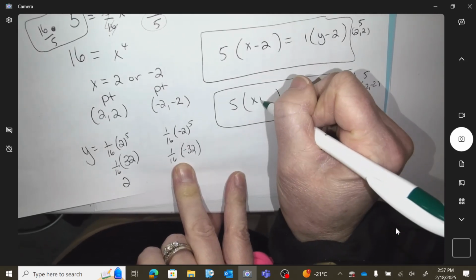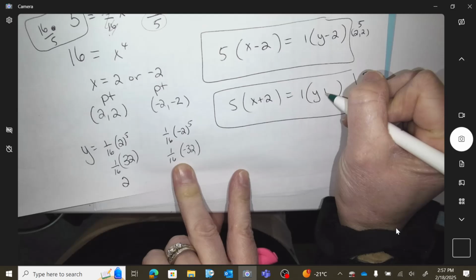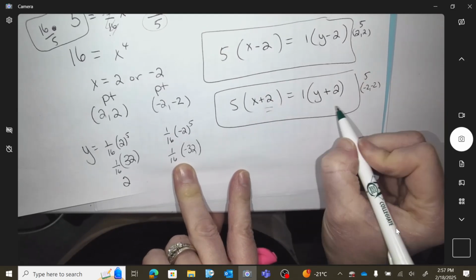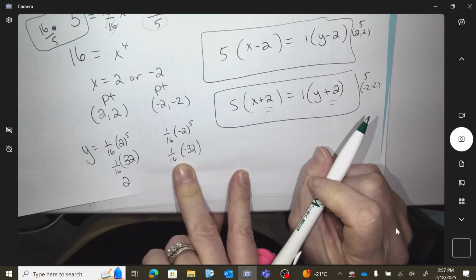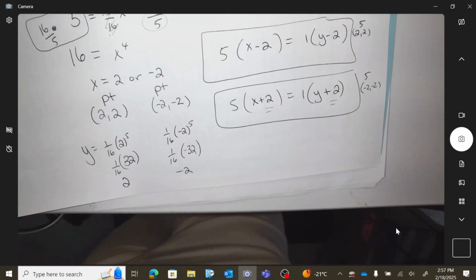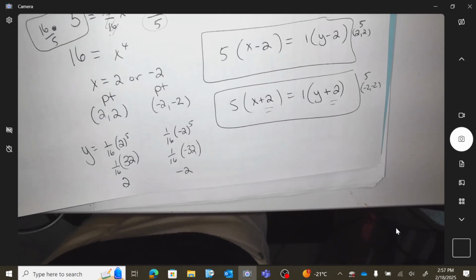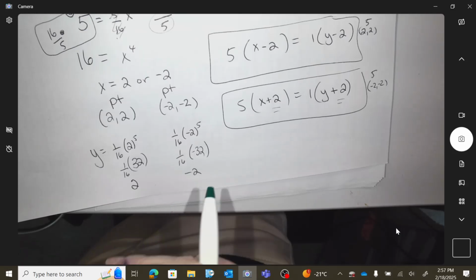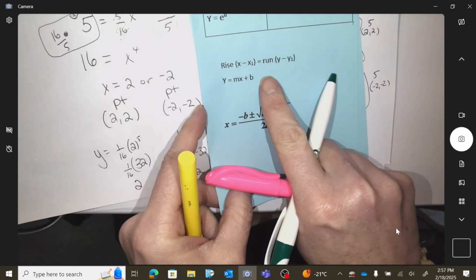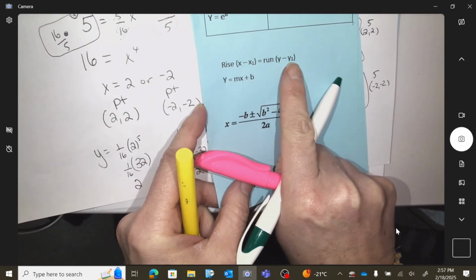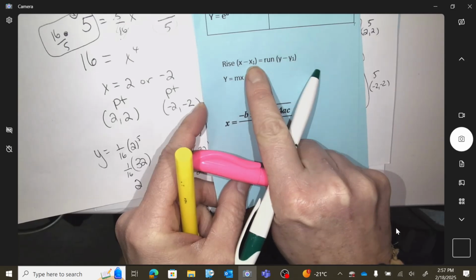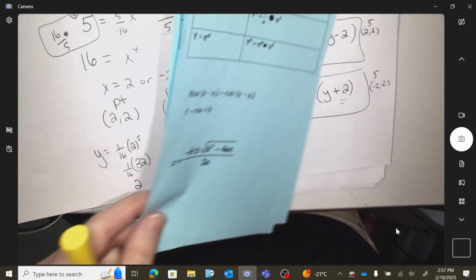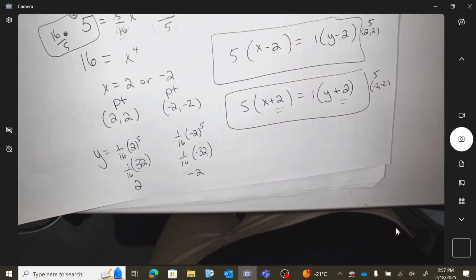So make sure it gets written as opposites, right? Because the formula says, so the formula is on that paper I gave you. So remember here, because those points are like this, negative, negative, you write them in oppositely. I just made up a word, oppositely.